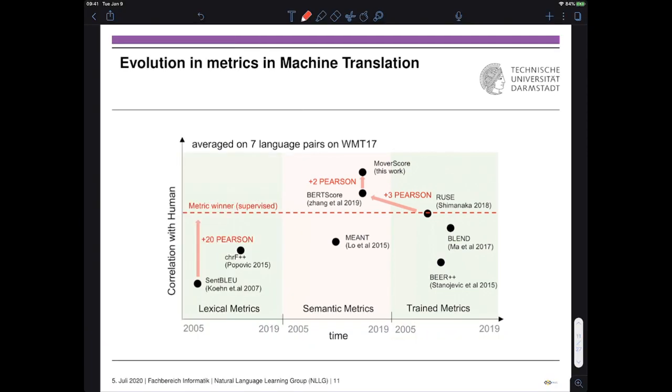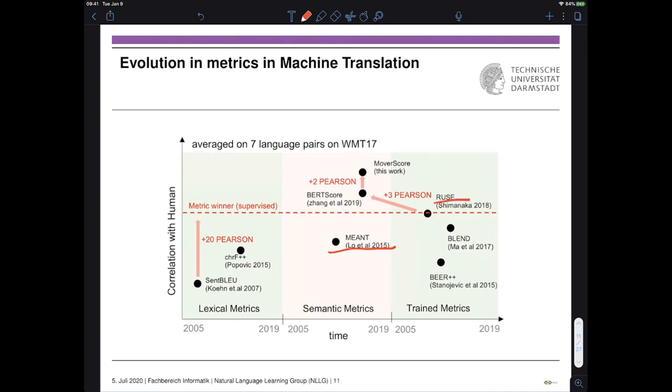Firstly, we know that lexical and semantic metrics are both unsupervised, but we see that semantic metrics oftentimes outperform the lexical metrics. And before 2019, the supervised metrics dominated the performance in these areas, like RUSE.